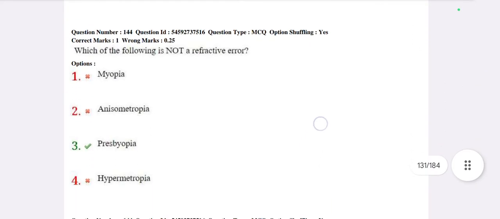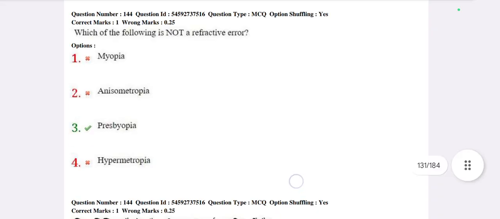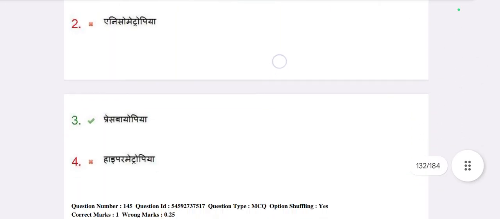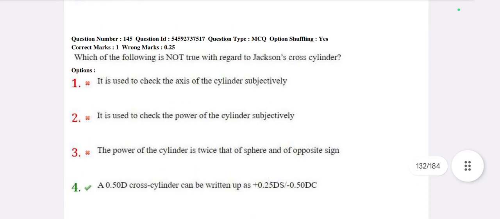Our next question is, which of the following is not a refractive error? Myopia, anisometropia, presbyopia, or hypermetropia? True answer is presbyopia.